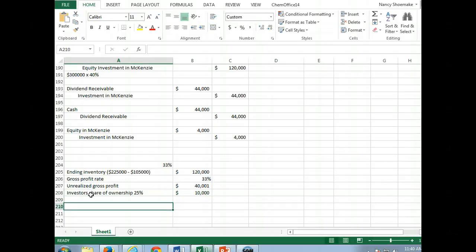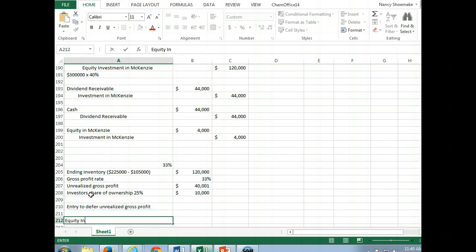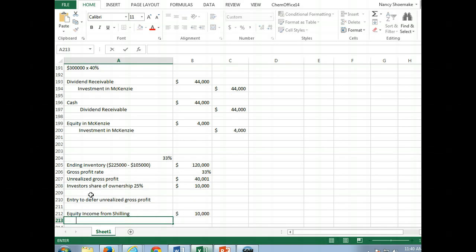Because they need to defer this income, the entry to defer unrealized gross profit is to debit equity income from Schilling of 10, and credit investment in Schilling for 10.